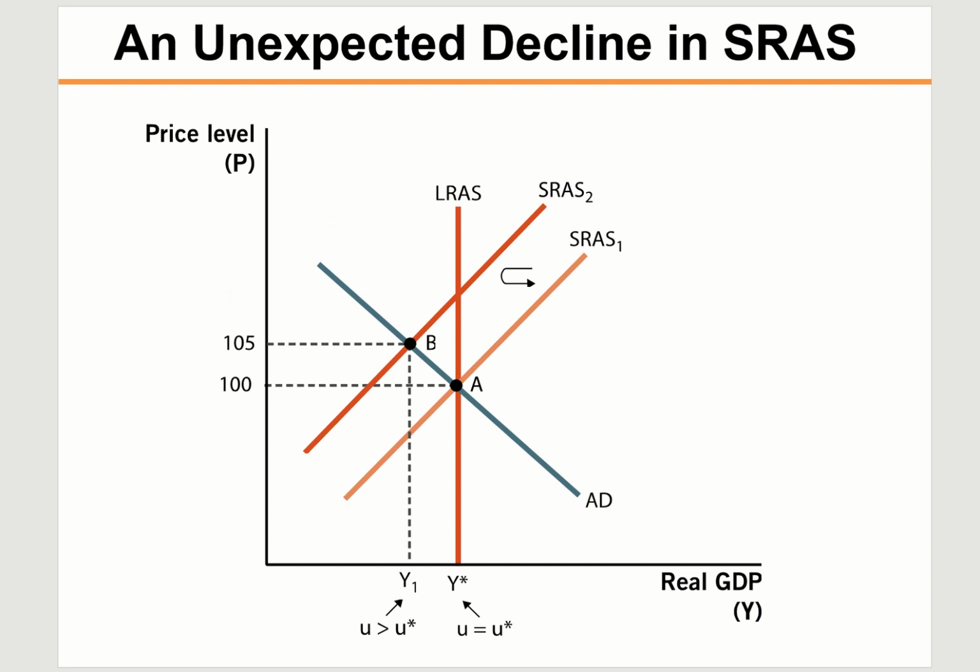So for this over here, you go from point A to point B at the initial shock. Once the economy becomes self-adjusting again, wages go down, and then your aggregate supply curve will be shifting to the right. So you go back to point A. So you're self-adjusting back to where you were before.